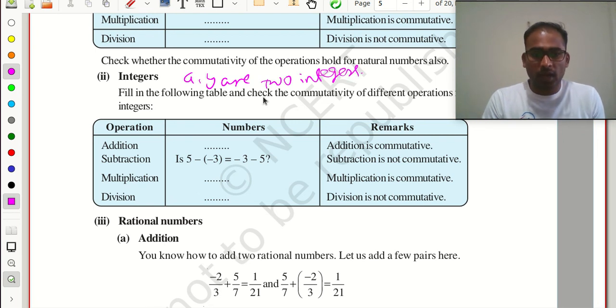Now I need to add these two integers a and b, so I will get one result. And again I do addition of b and a, and I get another result. These two results have to be the same. Then we can say this is commutative in integers also, for addition, and here also we have subtraction, multiplication and division.